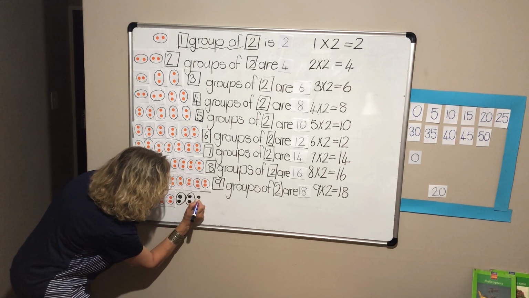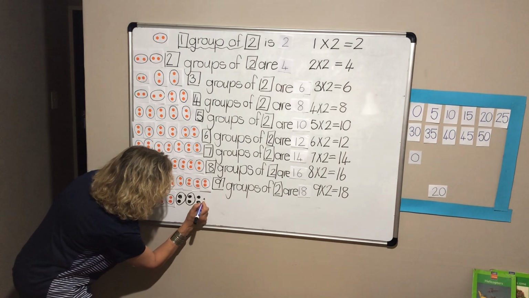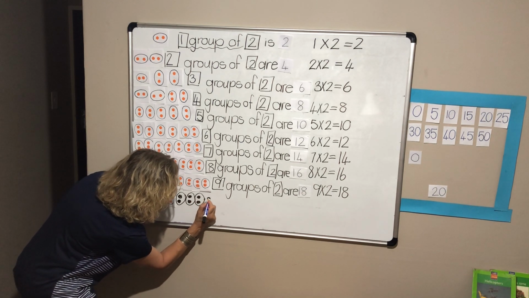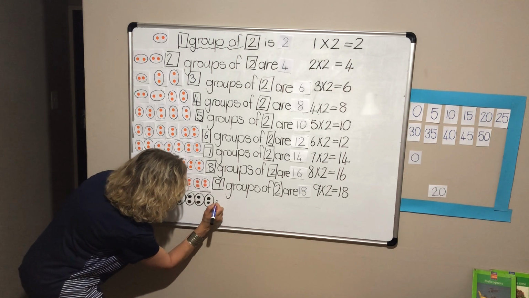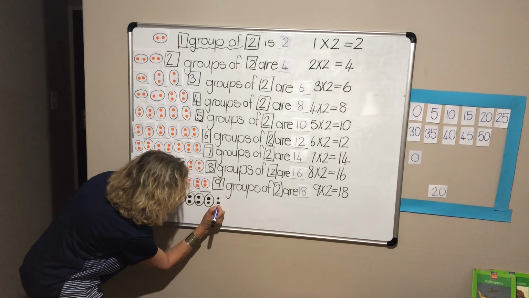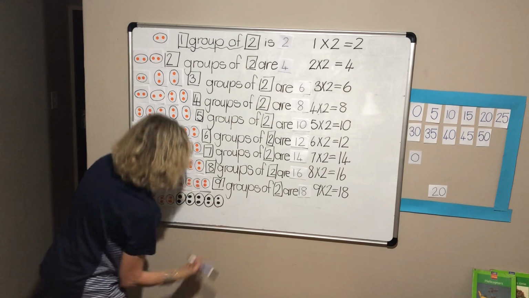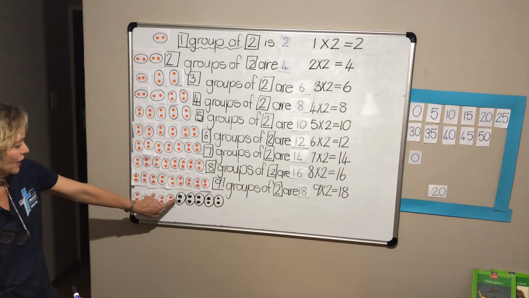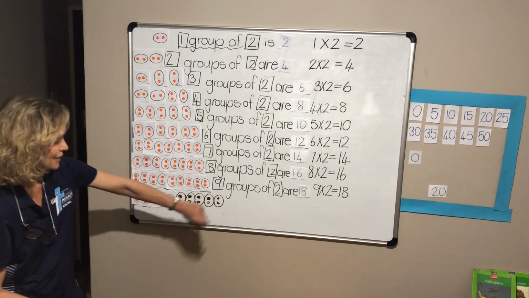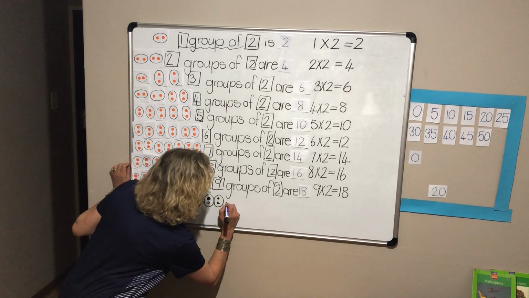This is how you're going to draw it. 8. How many more? 9. One more. I heard you say that. 10. Good. Yeah, we've got 1, 2, 3, 4, 5, 6, 7, 8, 9, 10. 10 groups of 2.